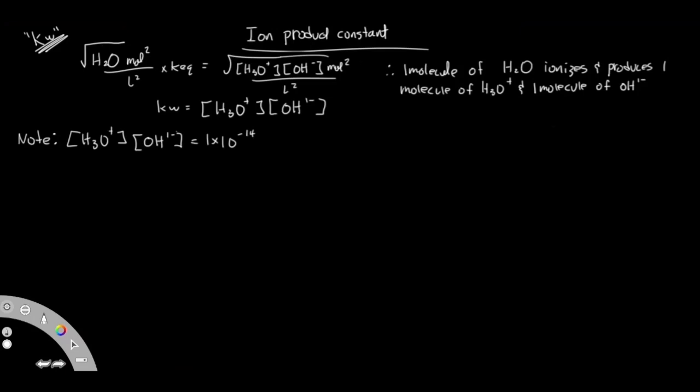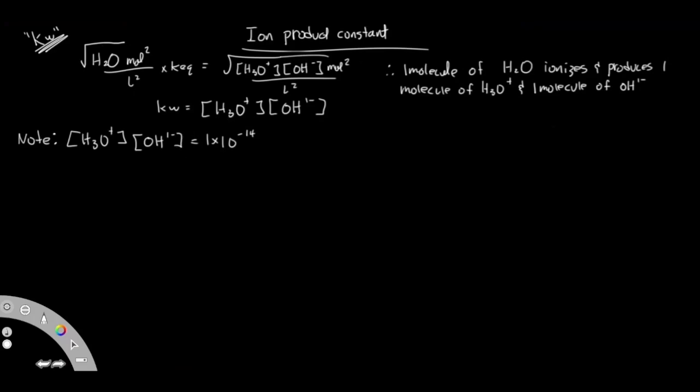Well, we already know that our Kw is equal to the product of our hydronium multiplied by our hydroxide. But we also deduced that one molecule of H2O ionizes for that same product, hydronium times our hydroxide. But we also note down here that our hydronium times our hydroxide is now 1 times 10 to the negative 14 moles squared over liter squared.